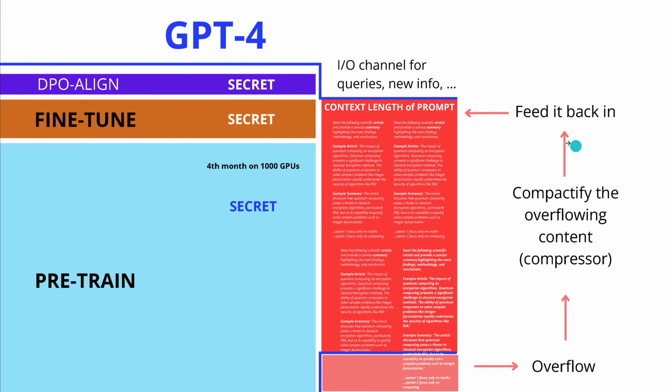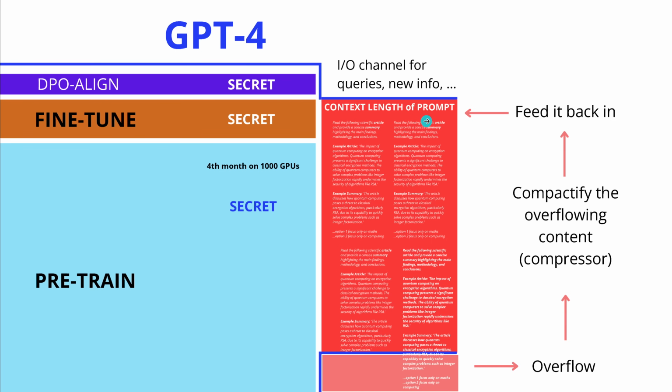So imagine if you do this and you have 100 books that the LLM has not been pre-trained, fine-tuned, or has any DPO alignment about, it has no knowledge about 100 books, and you want to feed in the knowledge of 100 books now, and you only have 8,000 tokens, you know what's happening. You have to reduce the content of each book to one sentence.